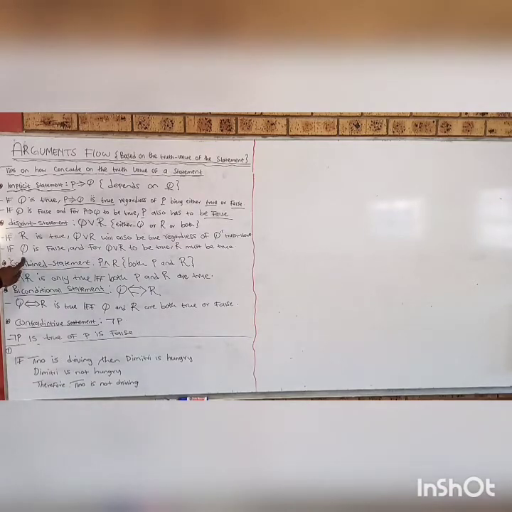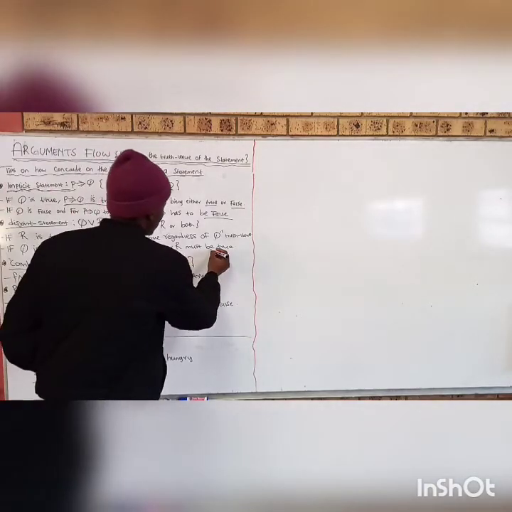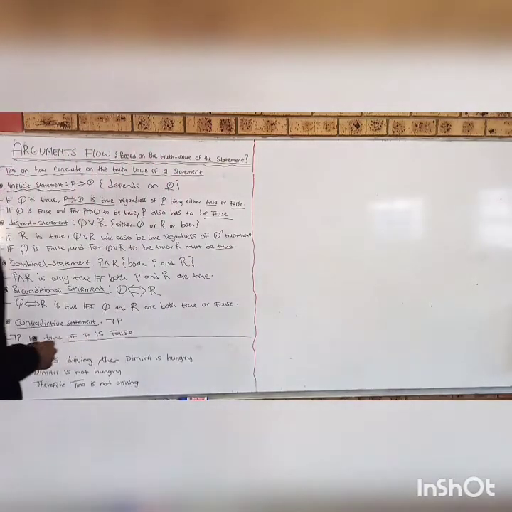If Q is false, then for Q union R to be true, R must be true, because you remember the union is either one of them or both. But if both are false, the statement will be false. You know that.